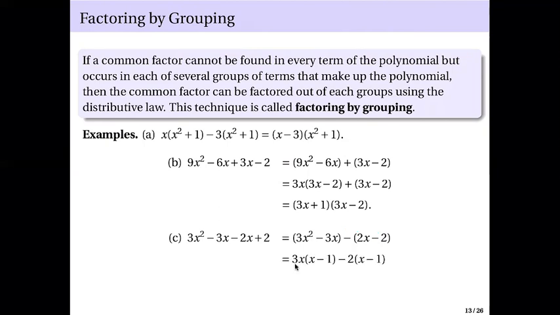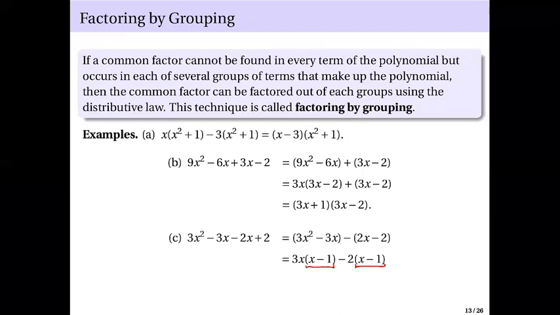So you will have 3x times x minus 1. After factoring your 3x here, you will have x minus 1. And in here, if you factor out the 2, you will have this x minus 1. And now, as you can see, this guy here and this guy here, it's a common factor, again, as a whole.